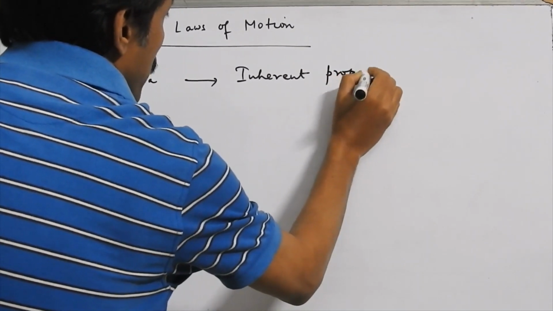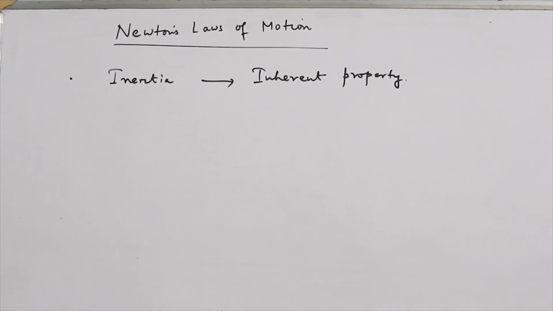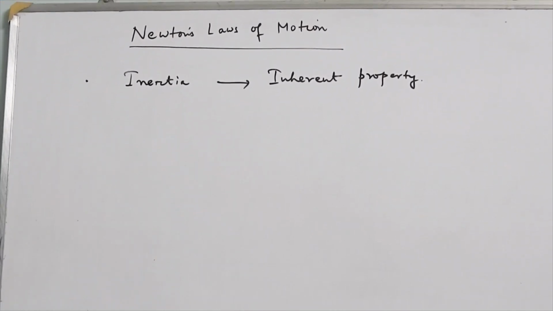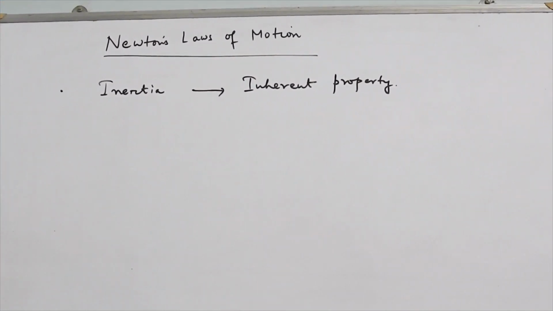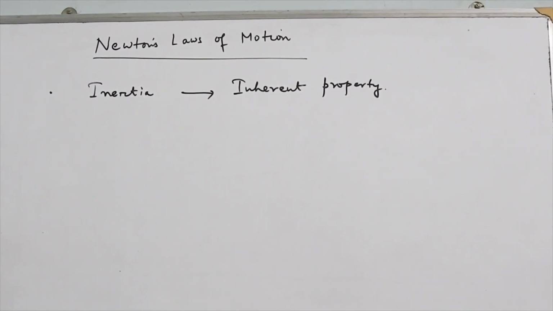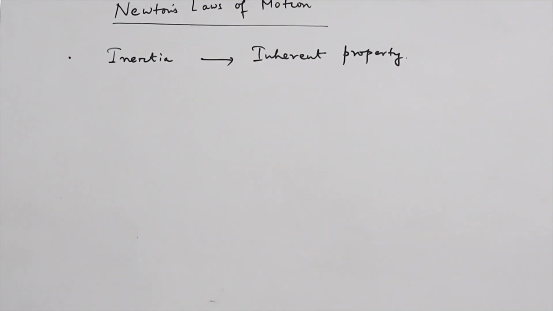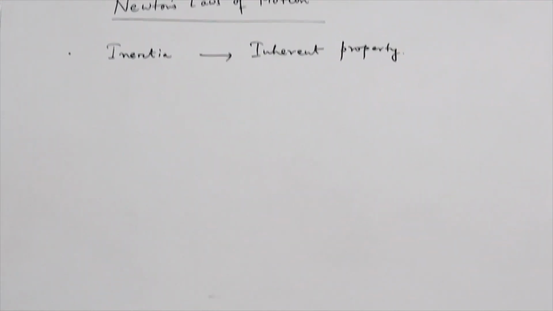By inherent property, I mean that this property is always present. It is a characteristic feature of every object. Inertia is nothing but the property associated with the situation where a body is in a state of rest or a body is in a state of motion.